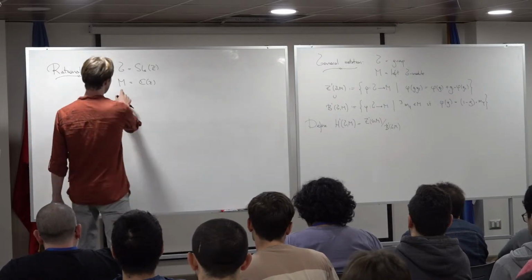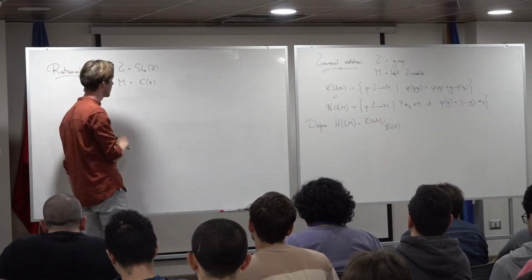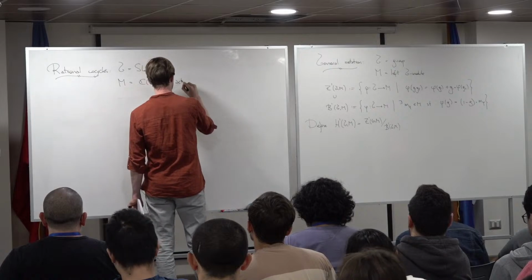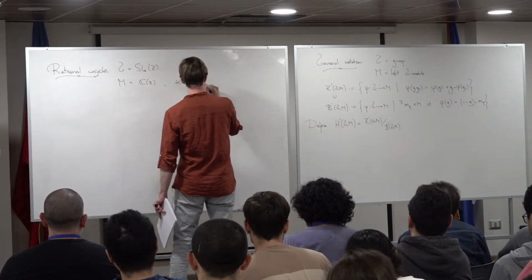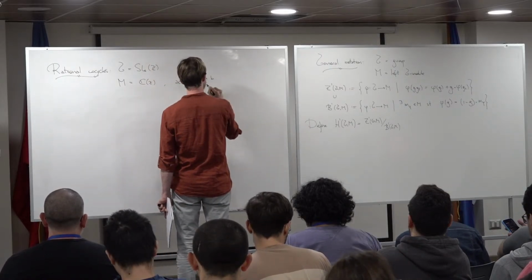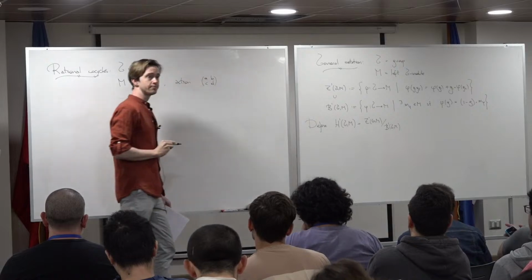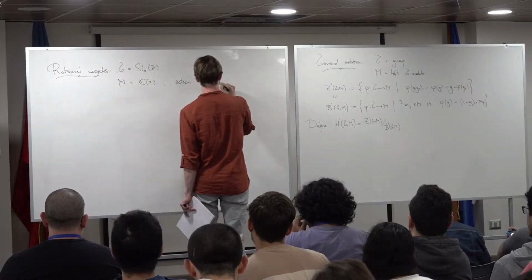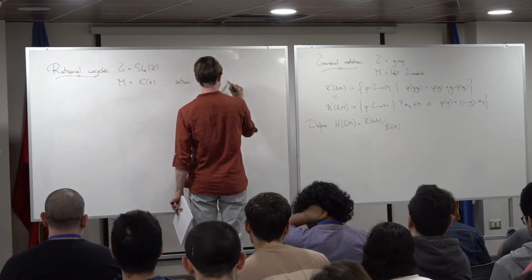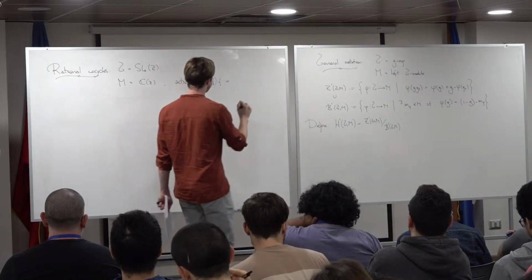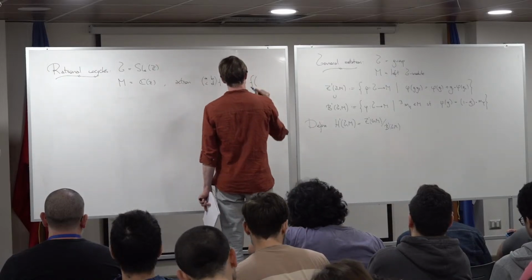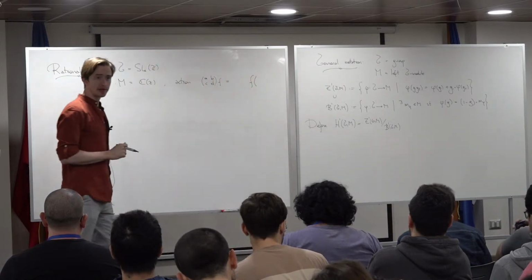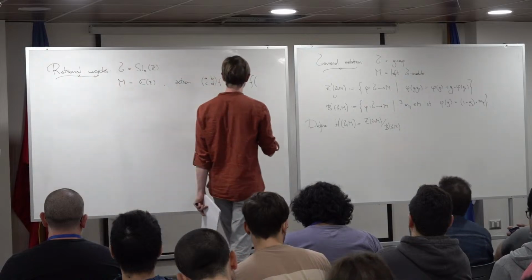So this needs to be a left module for this group SL_2(Z). And the action is given as follows. If I take a matrix (a b; c d) in SL_2(Z), then I'm going to make it act on my rational function f. It needs to be a left action. So I'm going to act on the argument by linear fractional transformations by the inverse of this matrix.